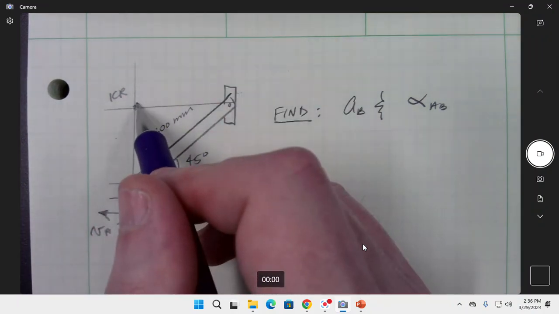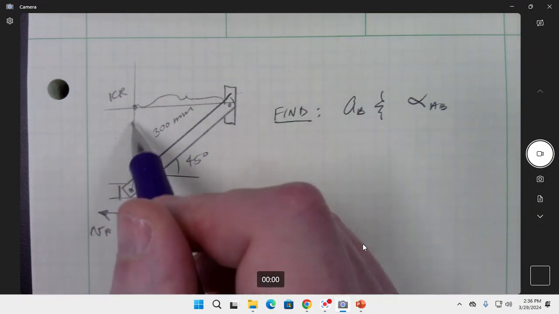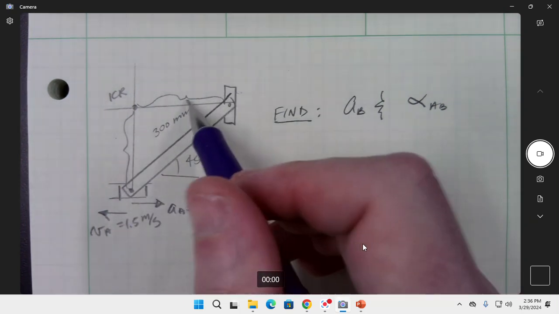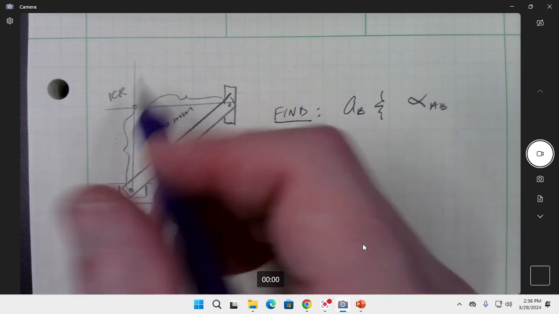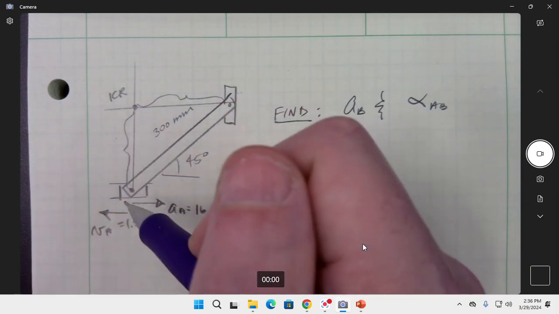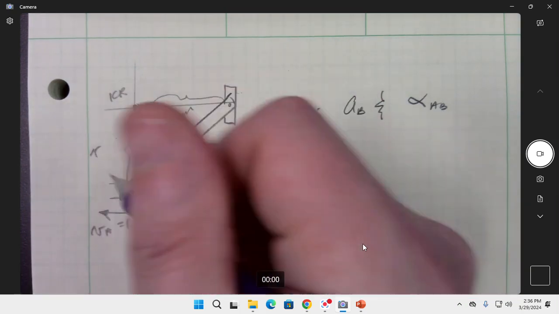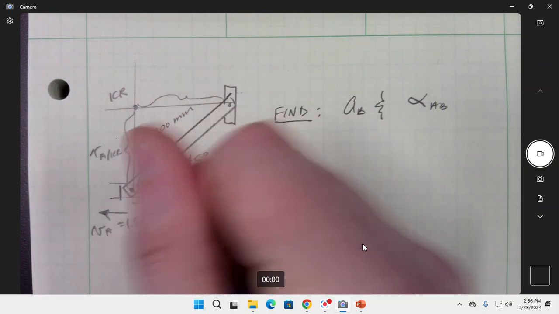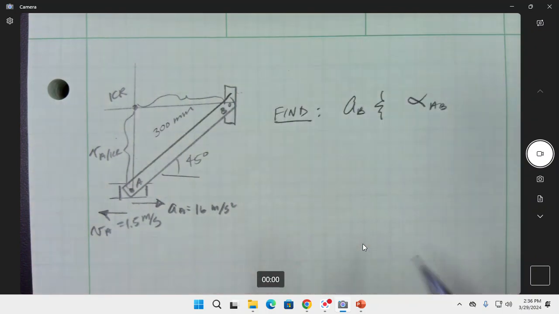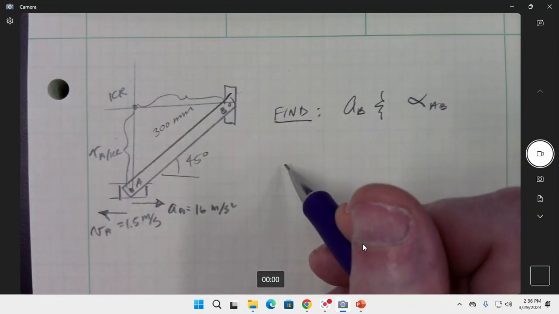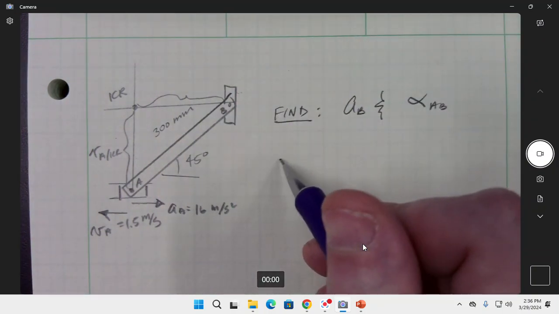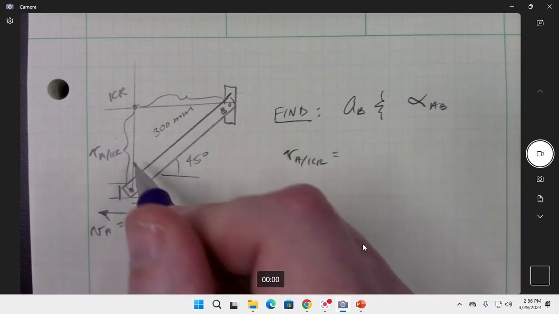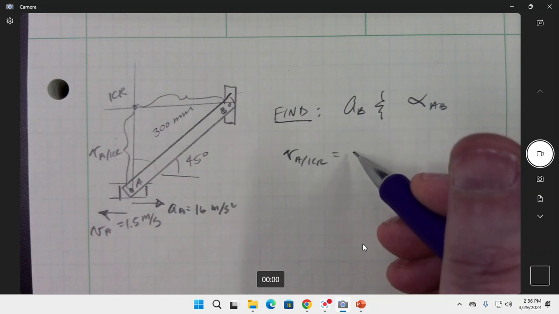Should be the same right in here. They don't. It doesn't actually matter. One of them doesn't even matter, just to find out the first one. So you go R A I C R. Guess I should have labeled that A and then B. And so R A I C R is just going to be either the sine or the cosine.